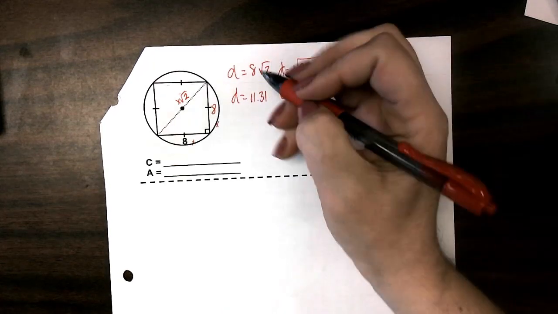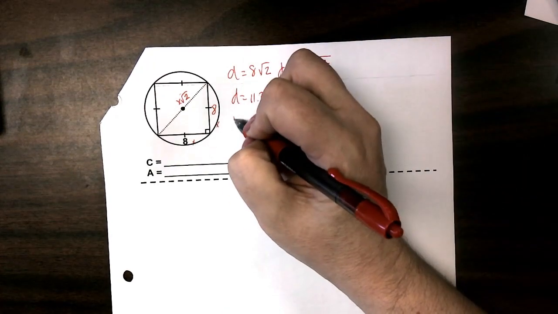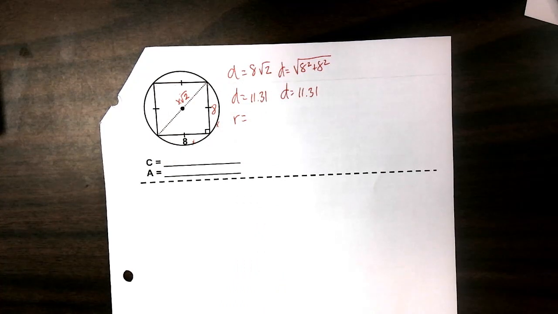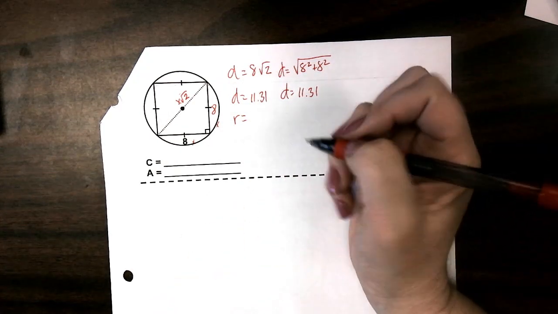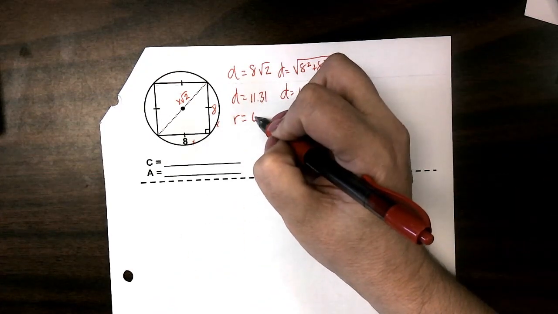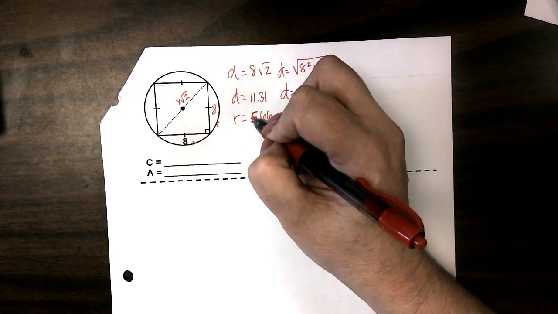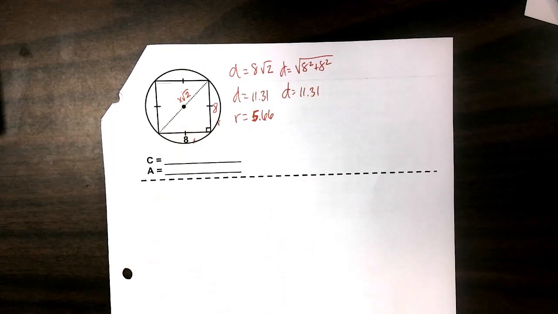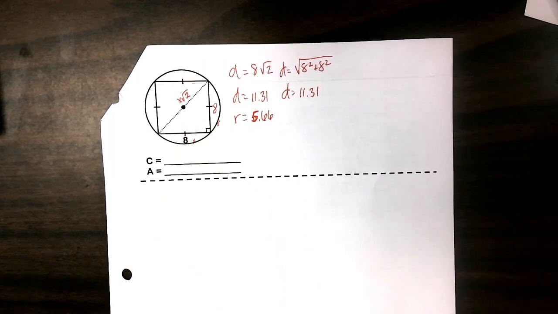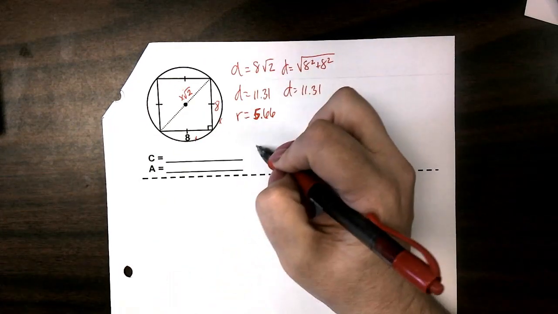All right, and so if our diameter is 11.31, what is our radius? 5.65. Let's round to 5.66. That's the decimal I've been rounding to today. So the radius, let's use 5.66. And so now can we find circumference?